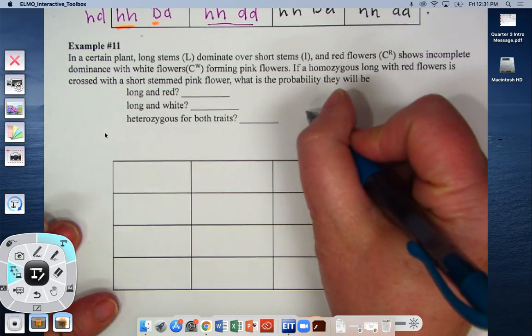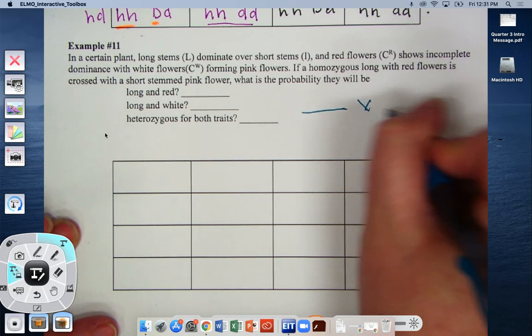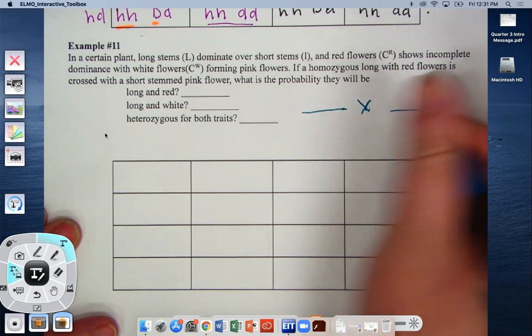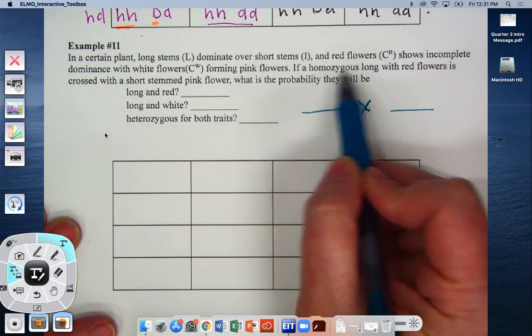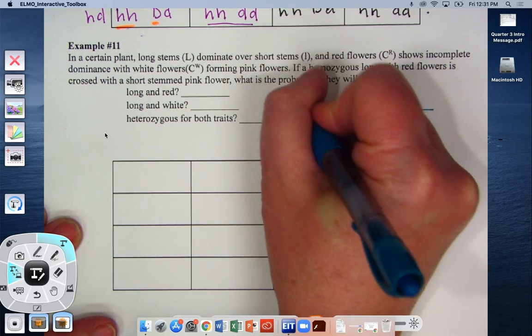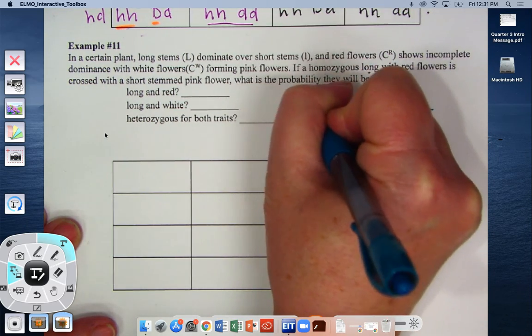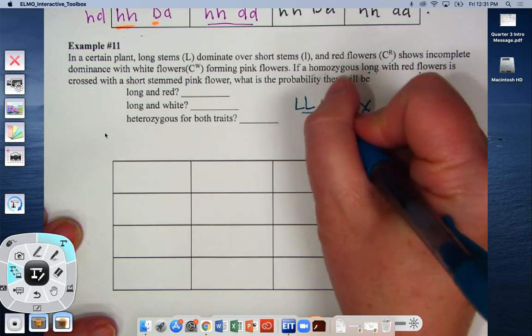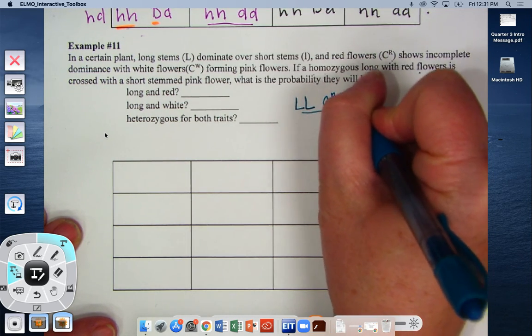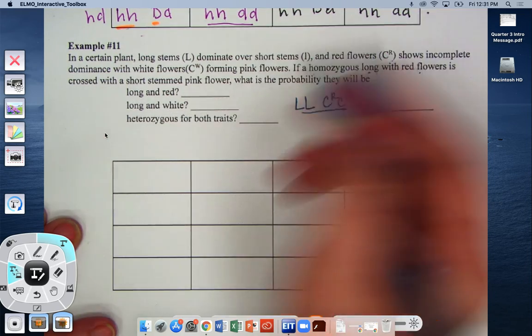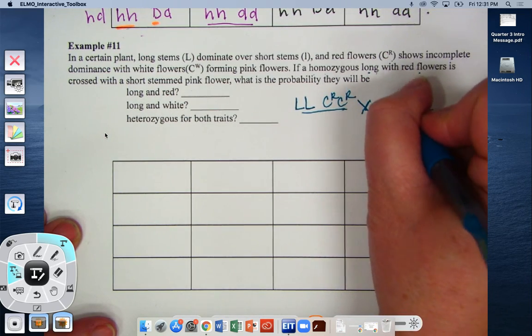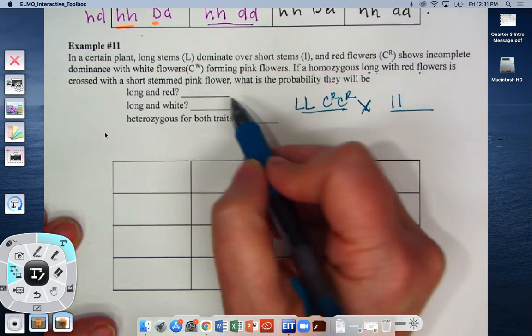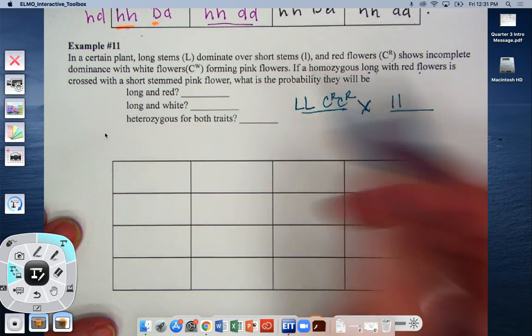So what are our parents? Homozygous long with red flowers, short-stemmed with pink flowers.